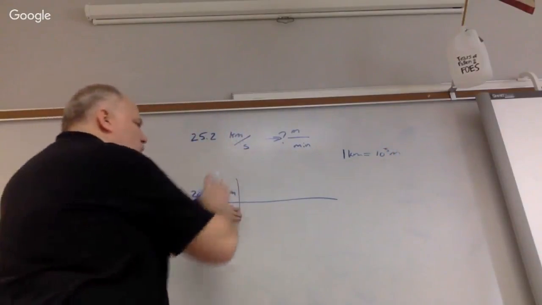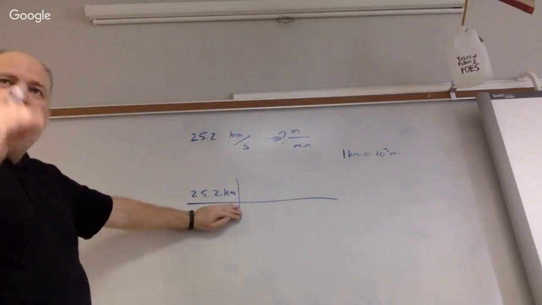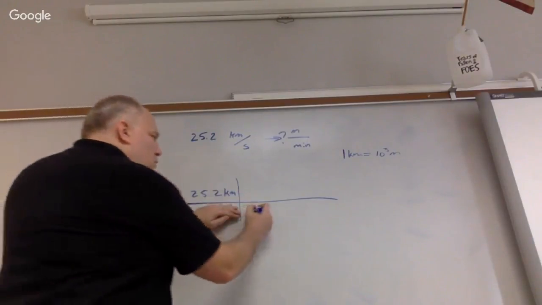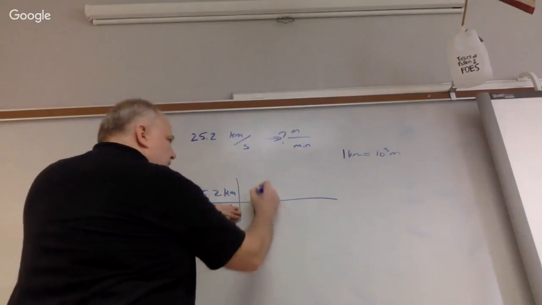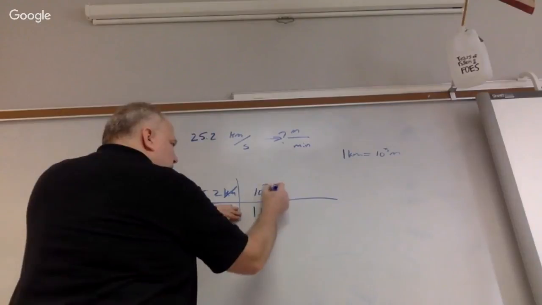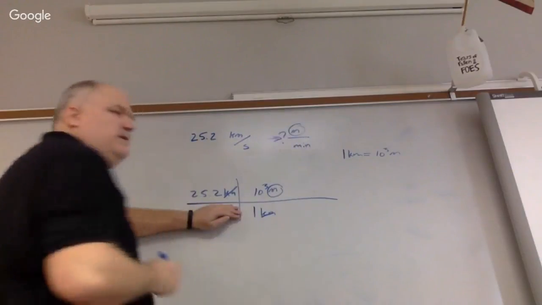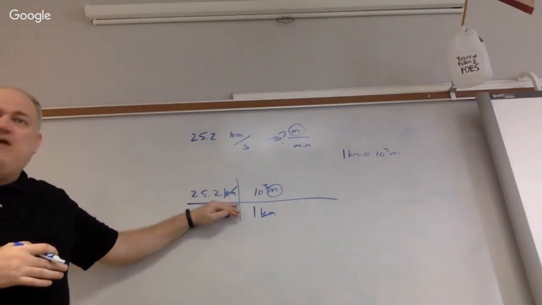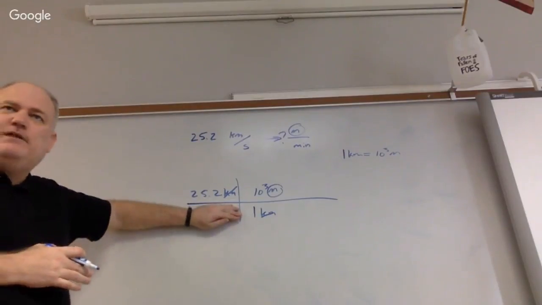And again, we can only do either the top or the bottom independent of the other one. So couldn't I go 1 kilometer on the bottom, 10 to the 3rd meters on the top, kilometers cancel, and wouldn't I now have the unit that I'm looking for on the top? Meters. We don't deal with the bottom unit at all until we're taking care of the top unit completely.